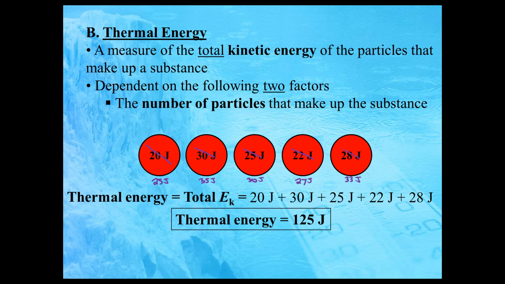If I go ahead and calculate my total kinetic energy now, this number is now 25, this number would now be 35, this would now be 30, this would now be 27, and this would now be 33. I believe when I calculate that, I just added 5 to every value. That should make it go up by another 25. So 25 plus 35 plus 30 plus 27 plus 33 would give me 150.